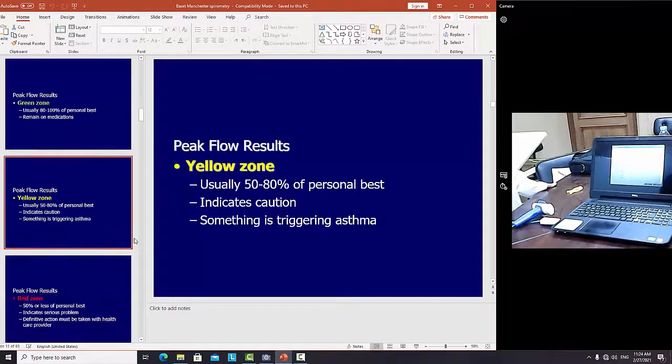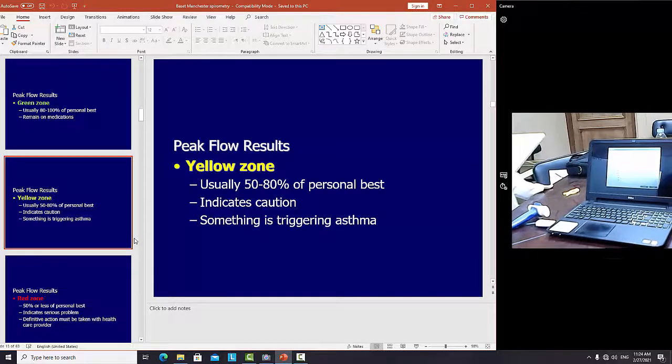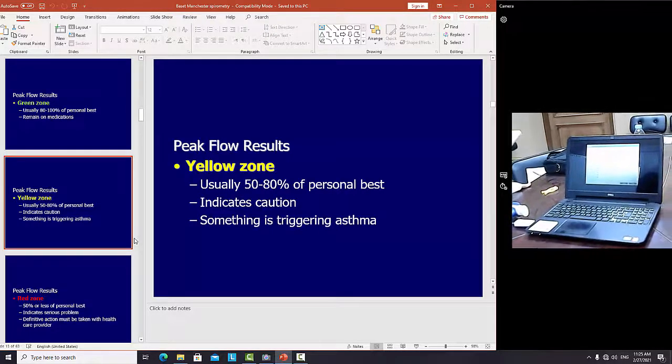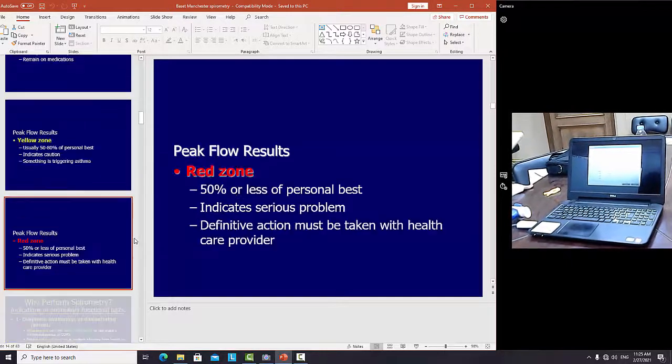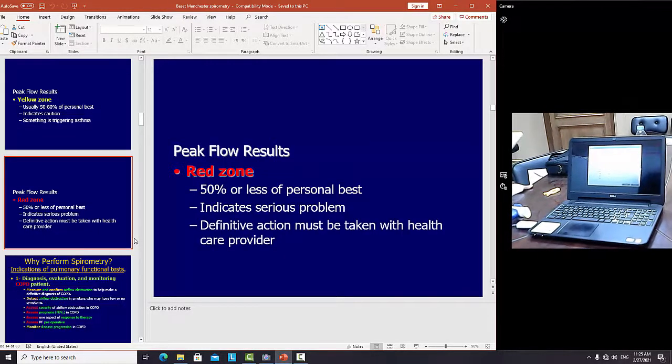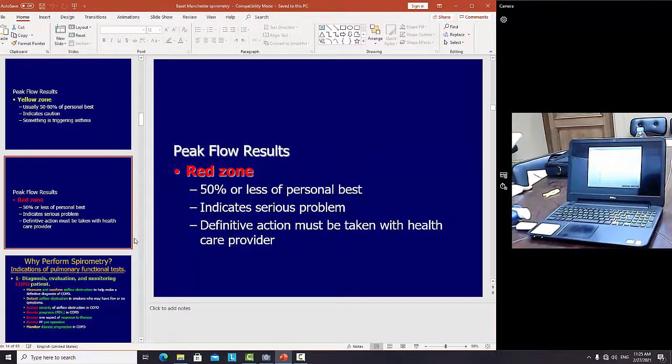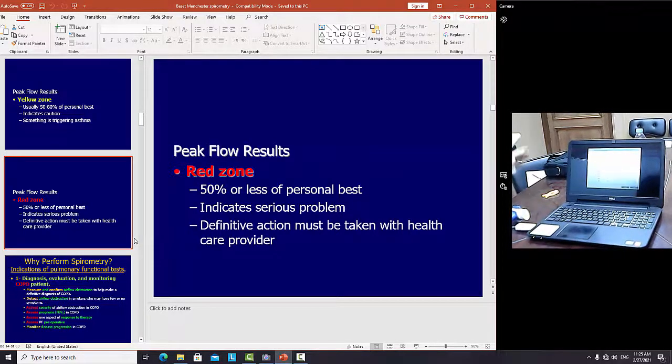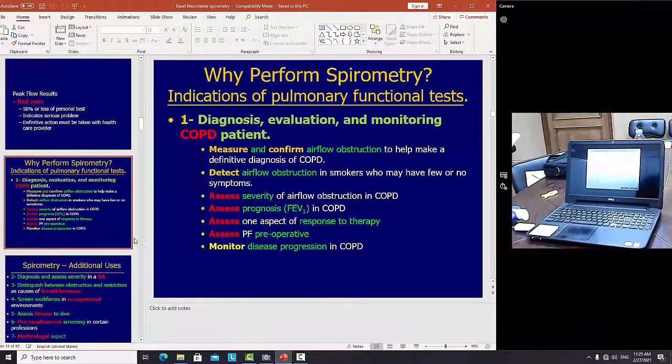If the peak flow is between 50 and 80%, this indicates caution. You must call me and I can change your medication. But if the peak flow is below 50%, the best indication now is an office visit, and I can re-examine you to see why your peak flow dropped below 50.